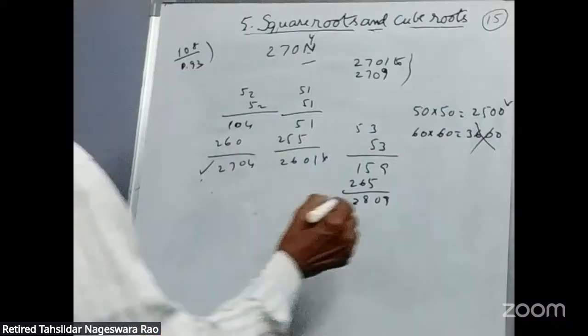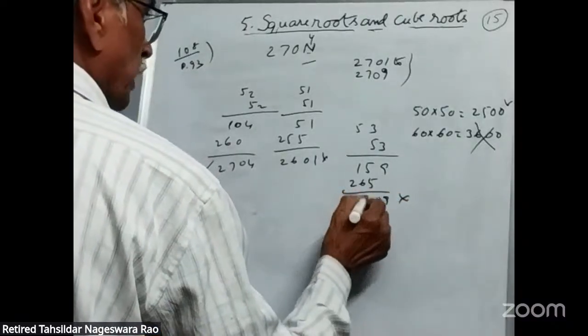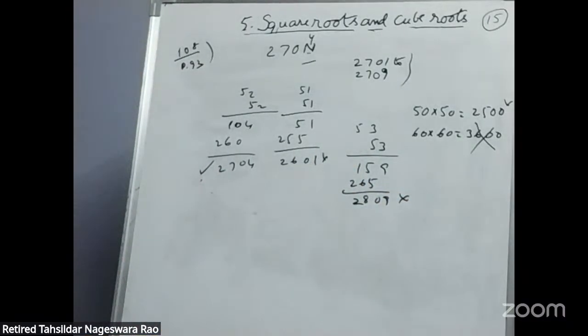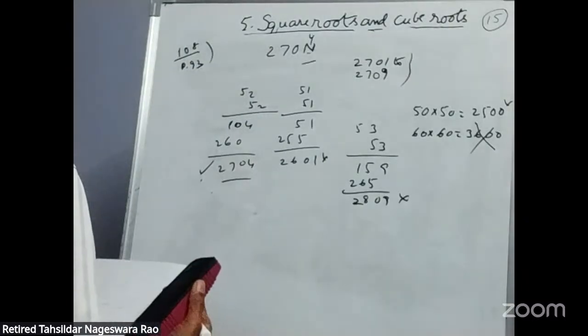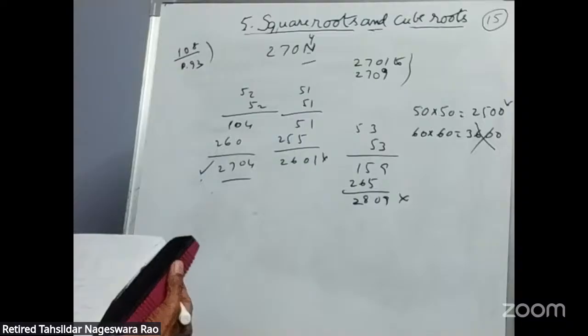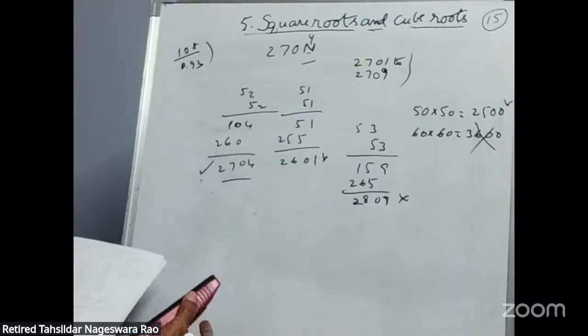No use, because we want the 2700 range. So this is the only choice. Answer is 4, and the n value is 4. That question is over.